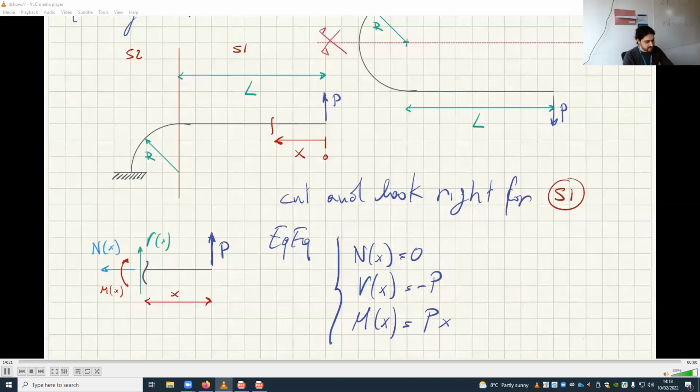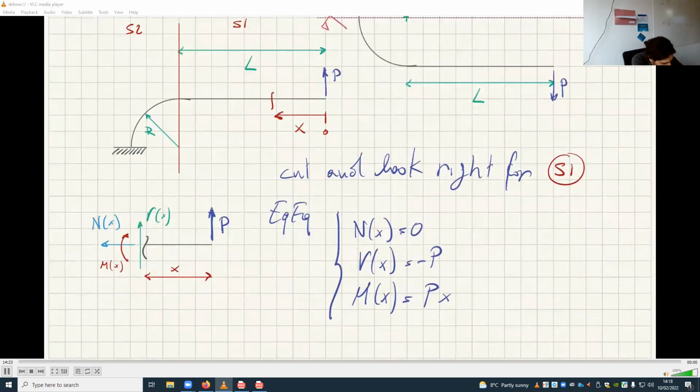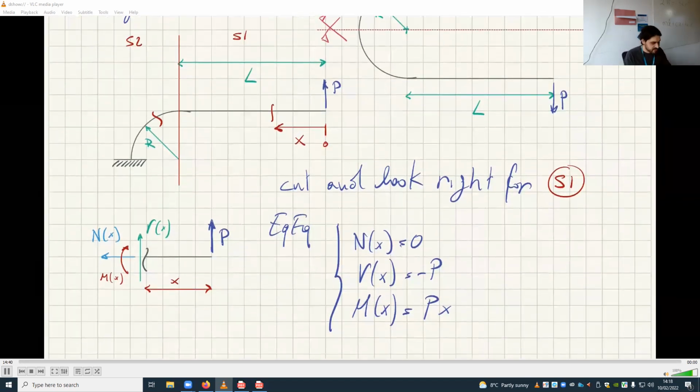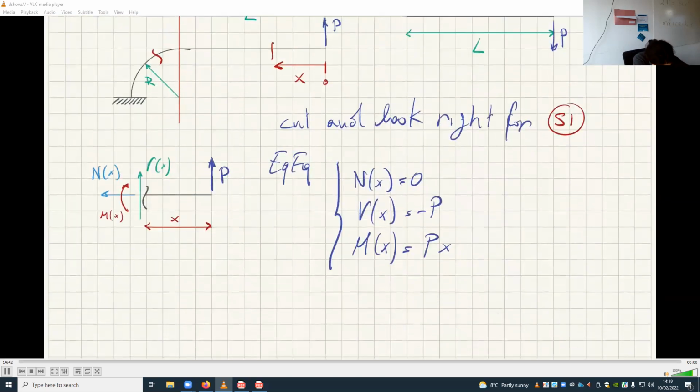Let's do the other bit, segment 2. Segment 2 is a curved beam. So for segment 2, I have to cut and look right. Cut here and look right. Let's not call this point A, because A is moving. Let's cut in segment 2 and look right.